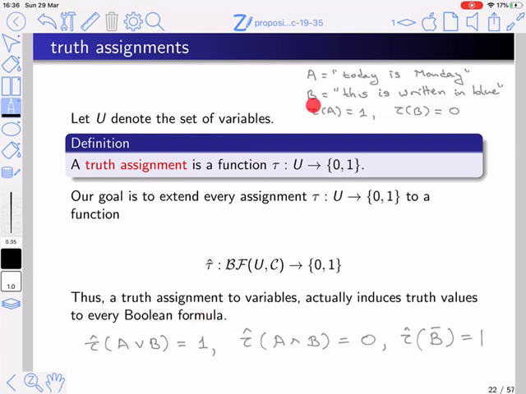So if I have my tau over here, which says tau of A is 1 and tau of B is 0, then I can extend it to tau hat. Tau hat of A or B becomes 1 because A is 1. Tau hat of A and B is 0 because tau of B is 0. Tau hat of not B is 1 because tau of B is 0.